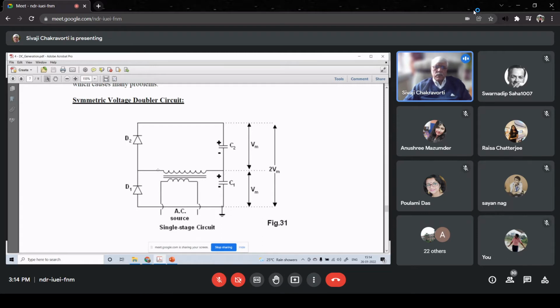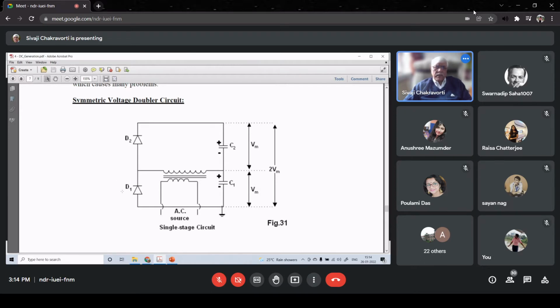Second important point is: what is the peak inverse voltage? I hope that you know what is the peak inverse voltage of a diode. So you can clearly see that the peak inverse voltage of D1 is naturally the highest voltage of the junction terminal of D1 and D2, because the other terminal is R, and that highest voltage is 2 Vm.